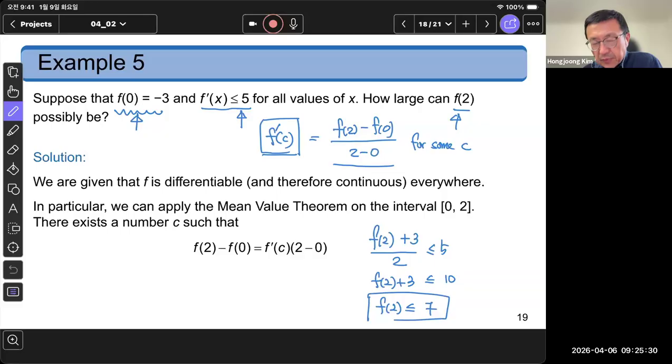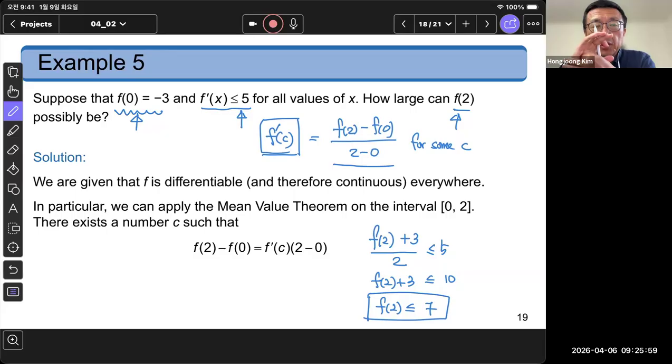So to get this maximum or minimum value that a certain function can possibly have, you may use the mean value theorem. So the usage of the mean value theorem is to show the uniqueness, or to show the existence of a certain point where the tangent line is parallel to the secant line.